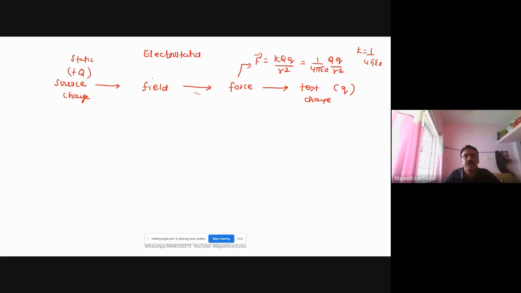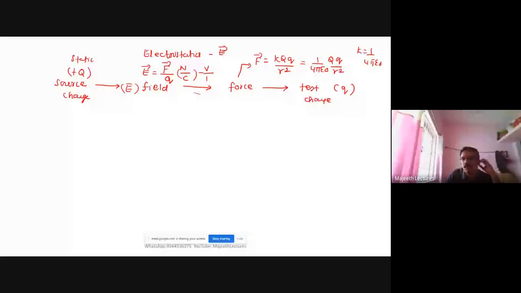What about the field? Here we deal with the electric field E. What is field? Field is nothing but the force felt by the charge. So E is equal to the force felt by the test charge, that is force per charge, E is equal to F by q.